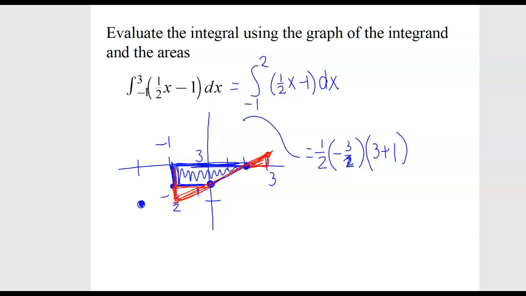Straight across to my point. I said, okay, I'm going to do a straight line. What I have to do is get rid of my +1. Because the height is still -3/2. My base is still 3. I just don't have that extra height.